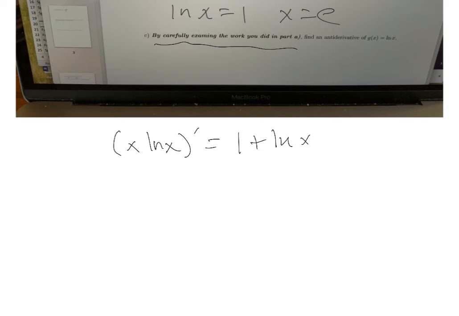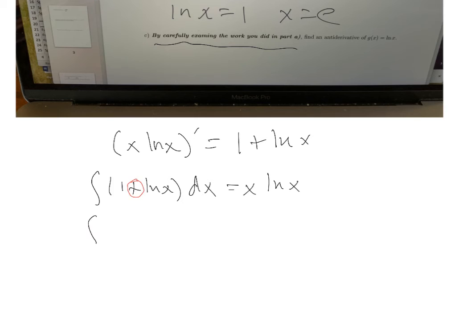Now, every time you get a derivative fact, we can turn it into an antiderivative fact. So the fact we get here is the antiderivative of 1 plus ln x is x log x. On the left-hand side, we have a sum, and we know the integral of a sum is the sum of the integrals.